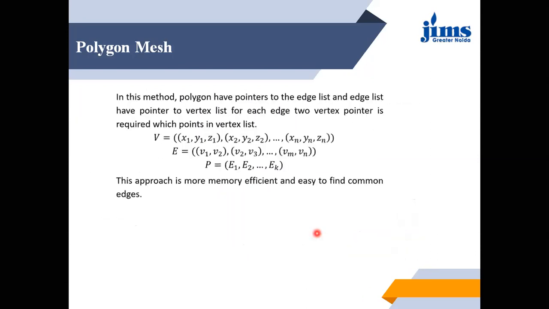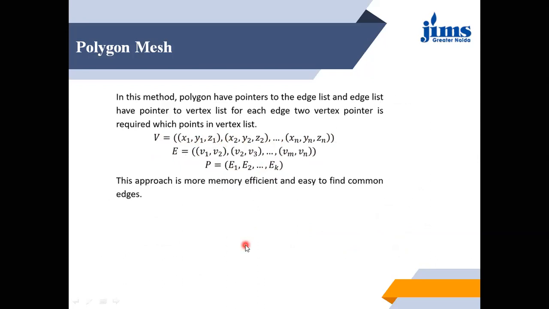So this is also the way that is going to be enhanced for vertices, edges, and for the polygon P, where P contains the edges E1, E2, up to EK, meaning all the edges, and edges contain the vertices, that is V1, V2, V2, V3, in combinations of all the vertices, and vertices contain the coordinates, all the coordinates, that is x1, y1, z1 in this way.